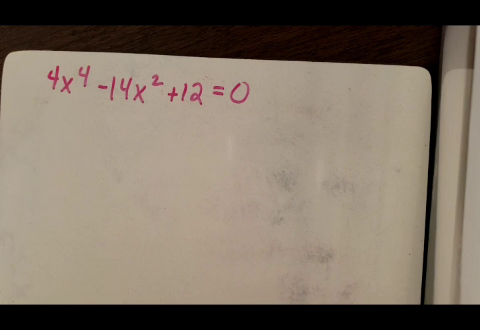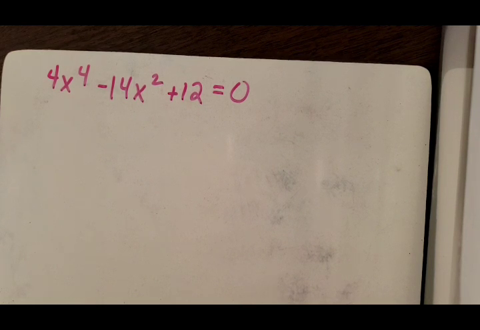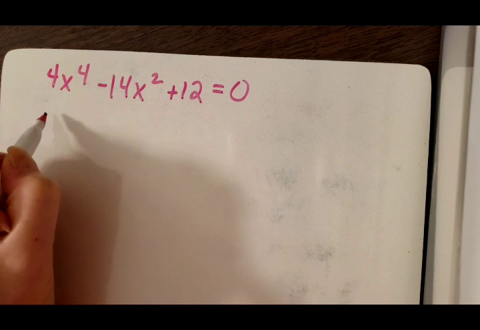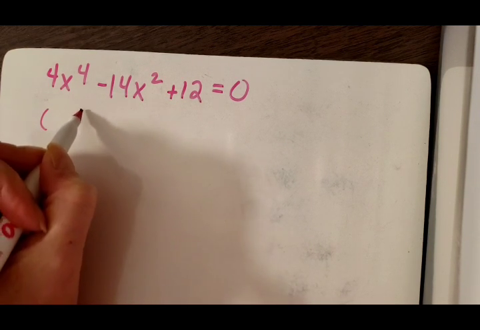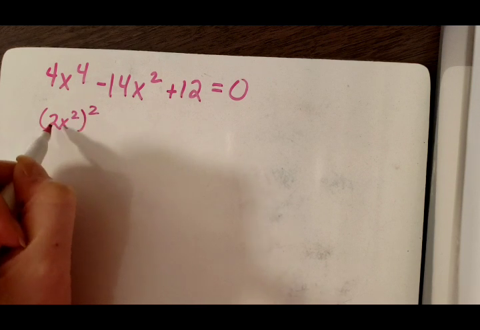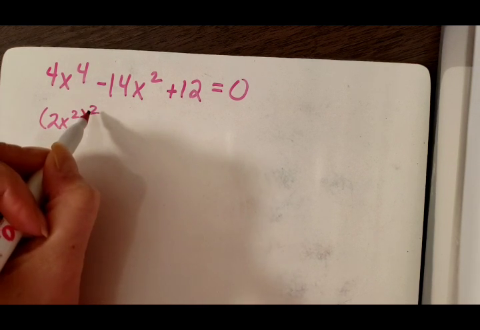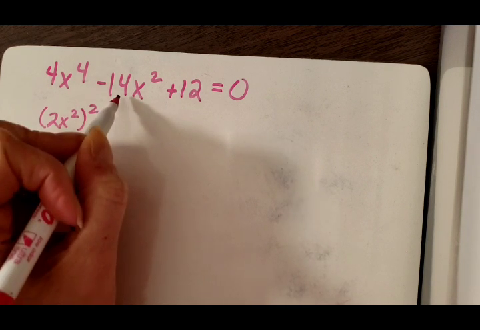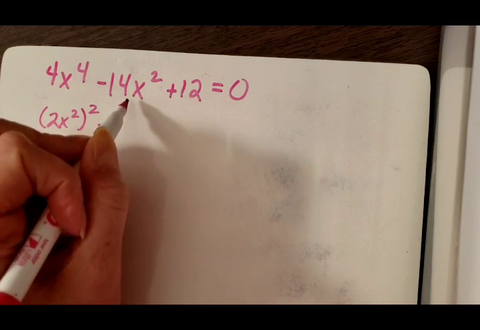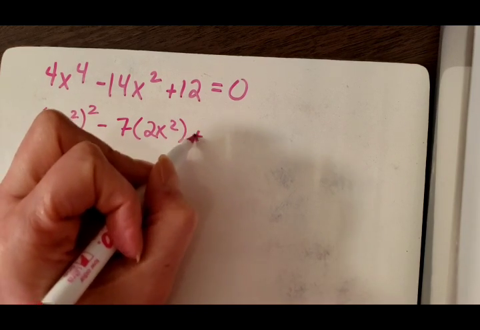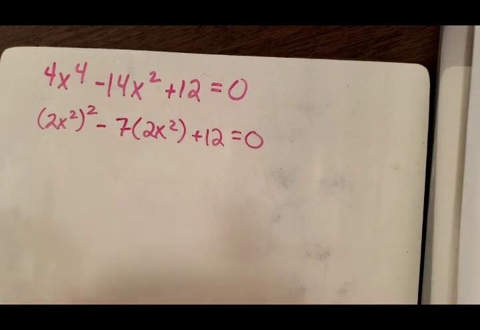Okay, so we need to figure out what could we write kind of as a power thing happening here. Something squared. Well, we could do 2x squared. If we do 2x squared, that would give us 4x to the 4th. Minus, can we turn this into 2x squared? Well, yeah, 7 times 2x squared plus 12 equals 0.